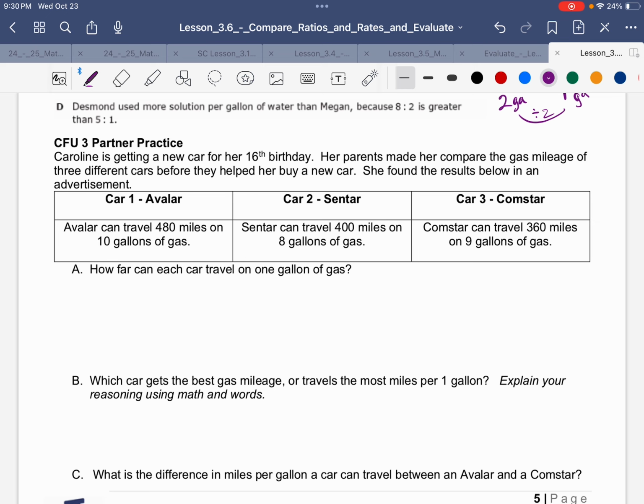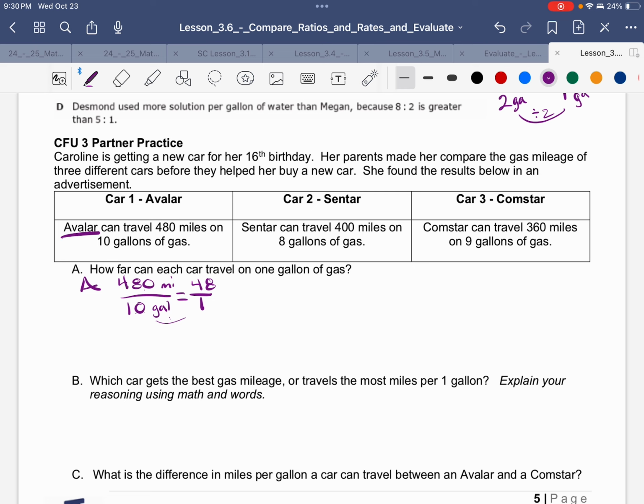So let's do the Avalar first. So Avalar, we'll call it A. This one is 480 miles to 10 gallons. So for 1 gallon, if we divide them, it's going to be 48. Because 480 divided by 10, because we would divide this by 10 to get there.